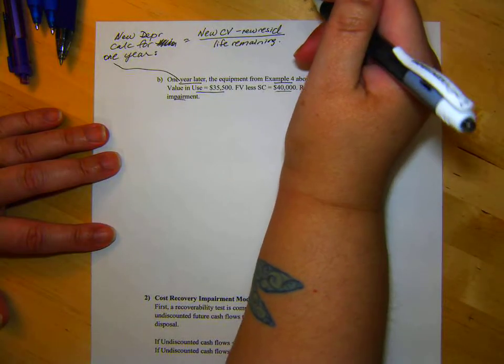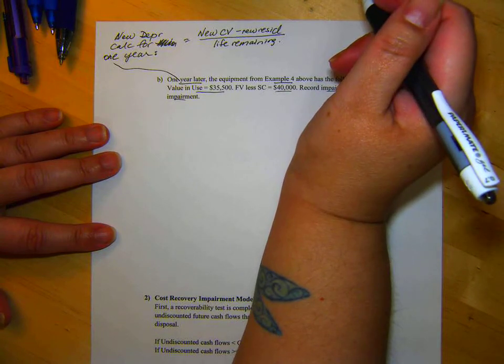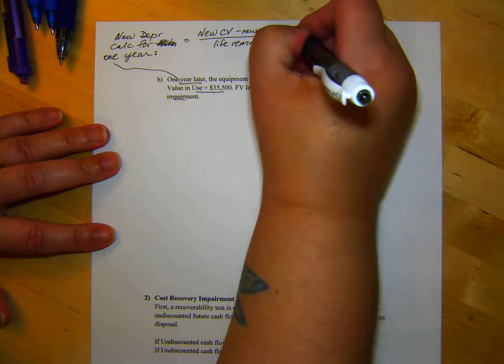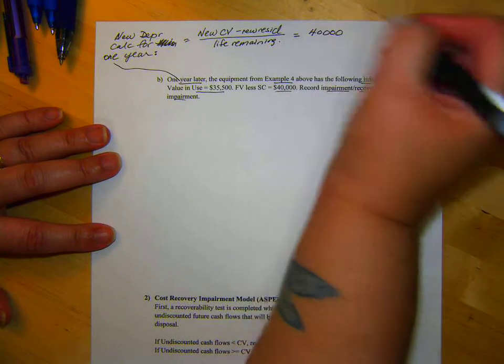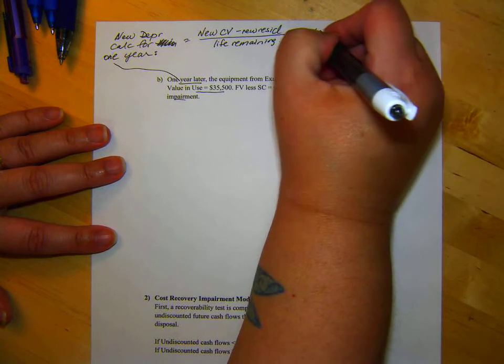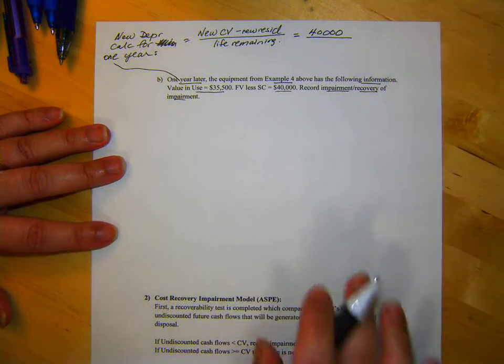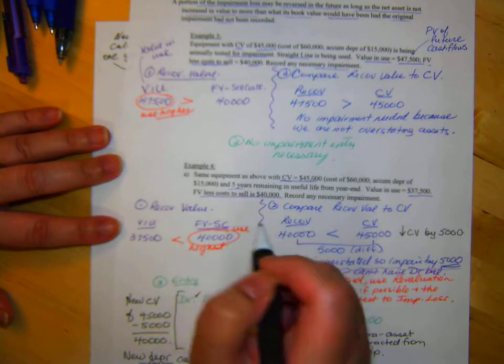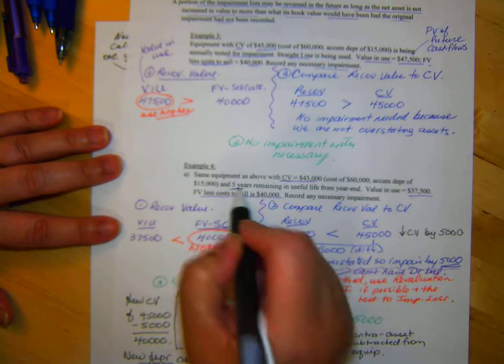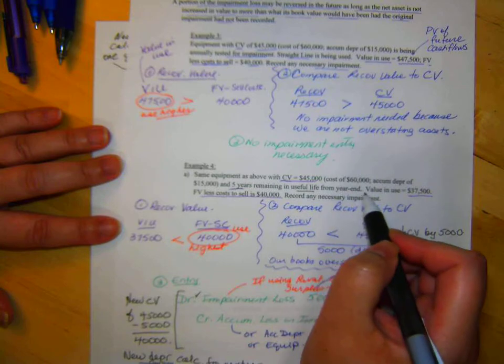So, our new carrying value is 40,000, as we said on the bottom of the last page. And how many years are remaining? If you look back at the last example, it said 5 years remaining in the useful life from the end of the year.